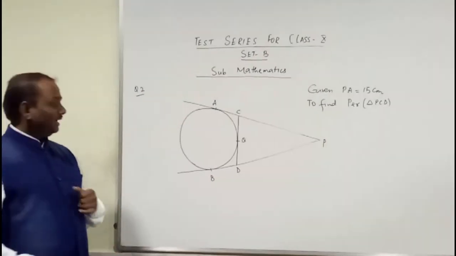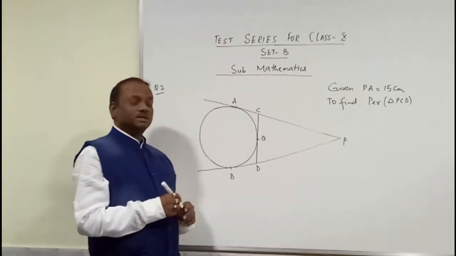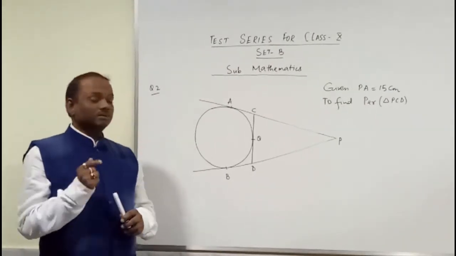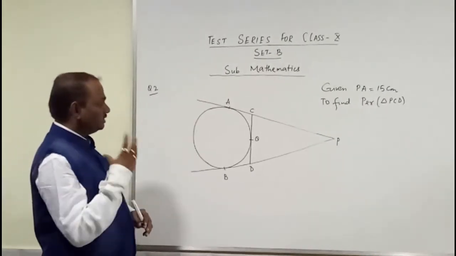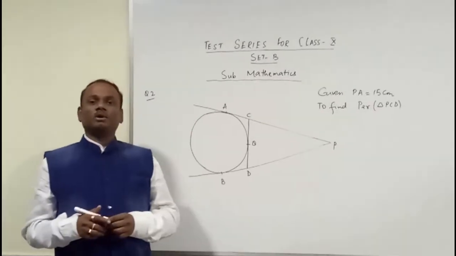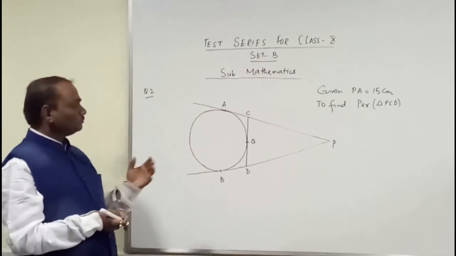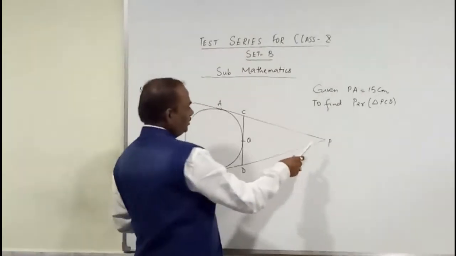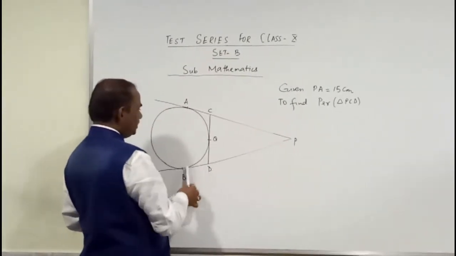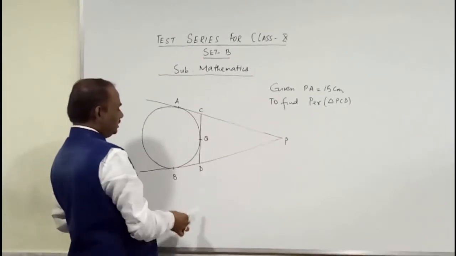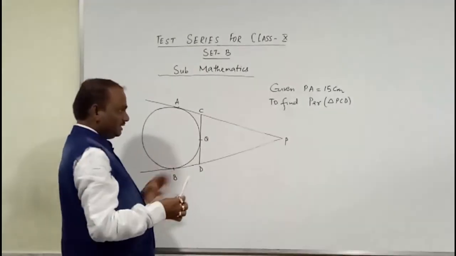And we know that the tangents drawn to a circle from an external point are equal. So if we work on these points, bring them together in a proper manner, we can reach the conclusion for this particular question. Now, we know that PA is equal to PB, CA is equal to CQ, and DB is equal to DQ. Let's write them first.